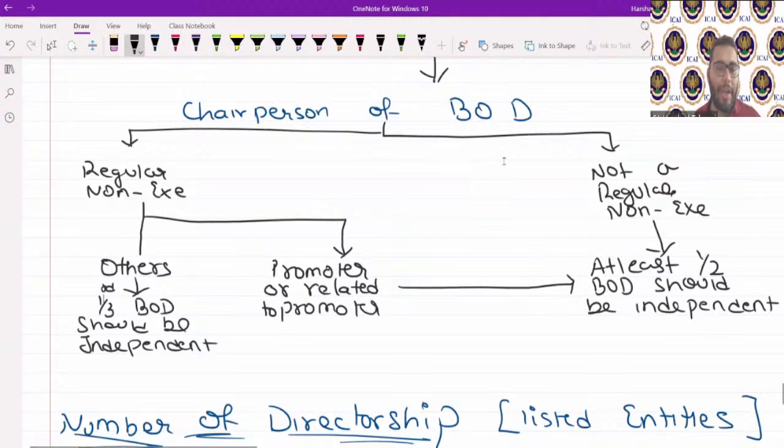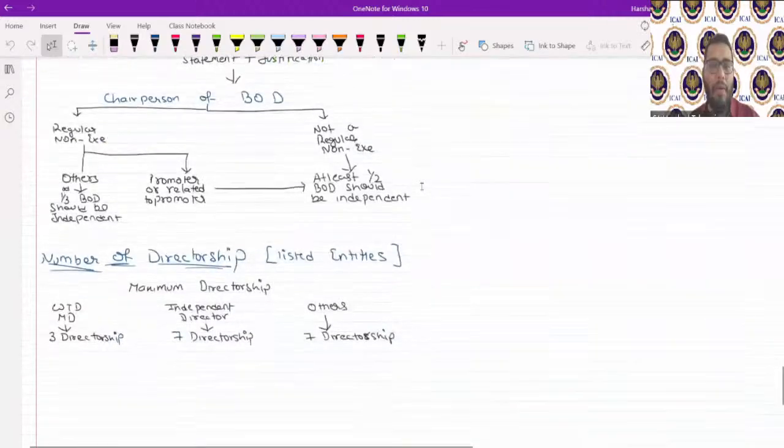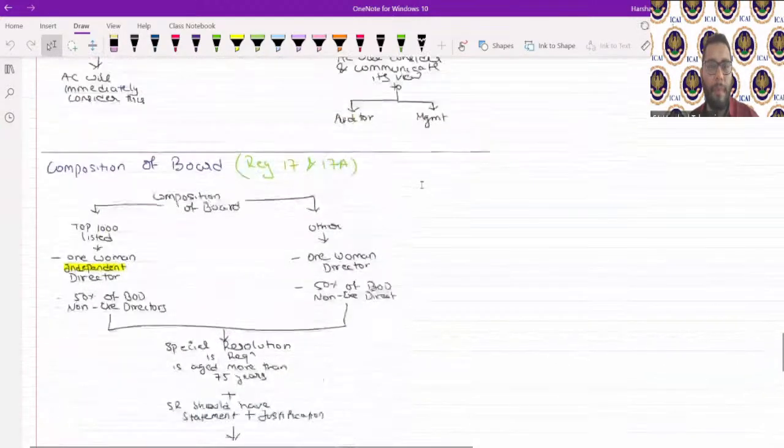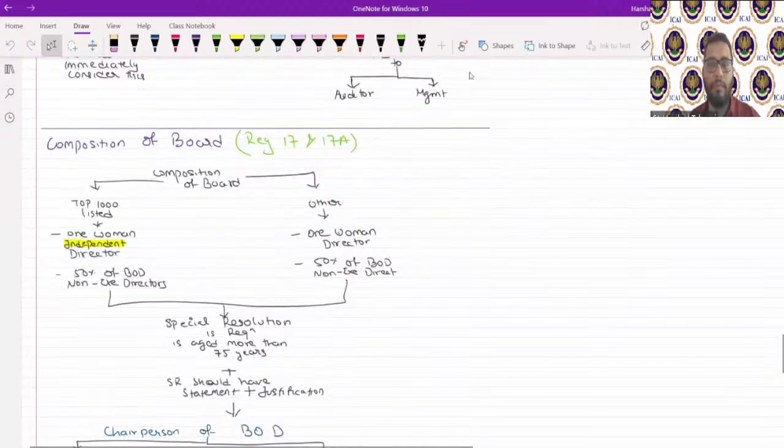And if a non-executive is aged more than 75 years, then a special resolution plus statement and justification. Composition of board. Any doubt? Any doubt, guys?